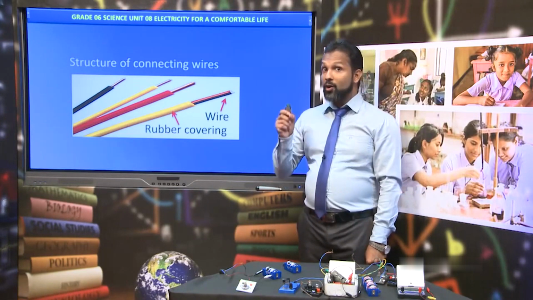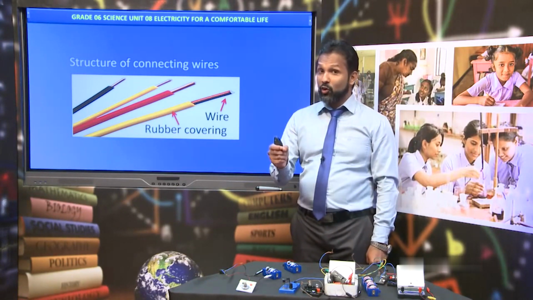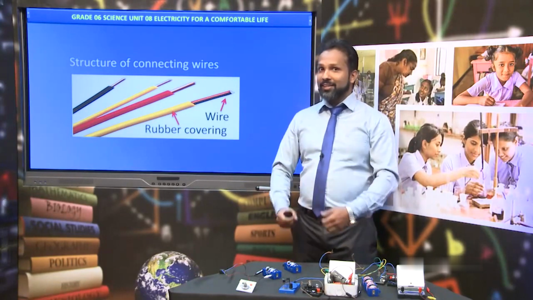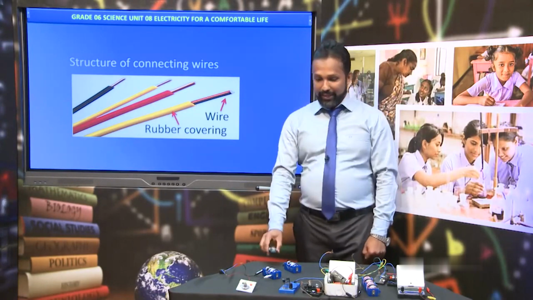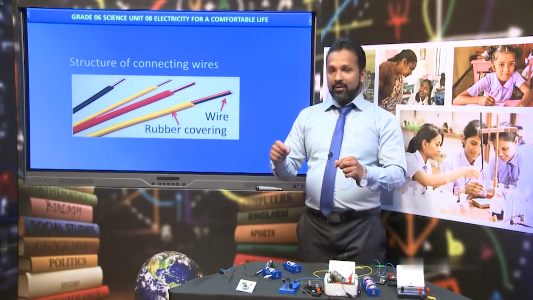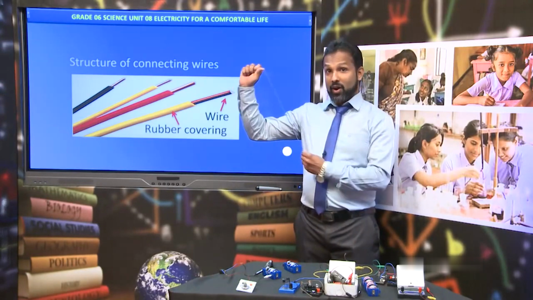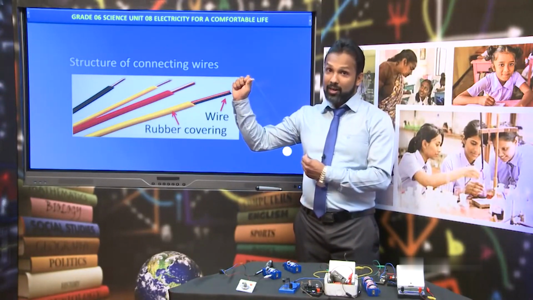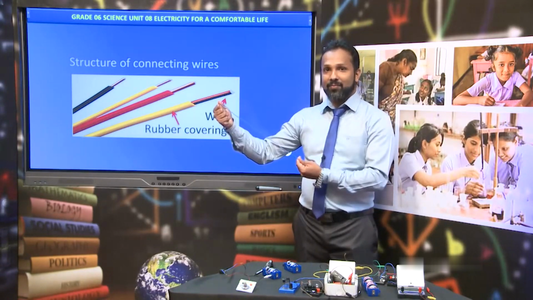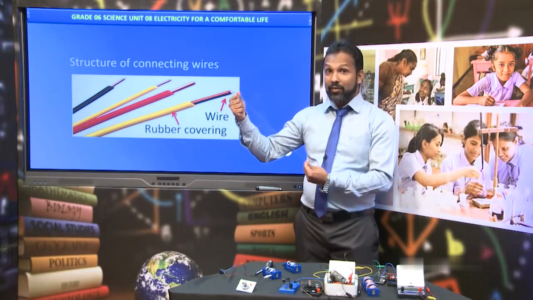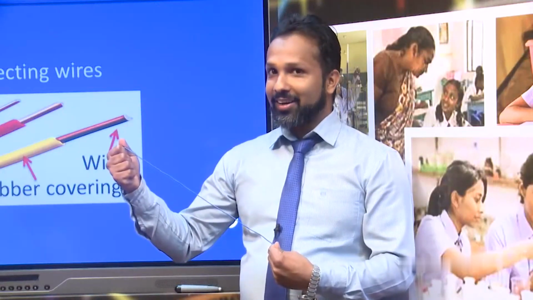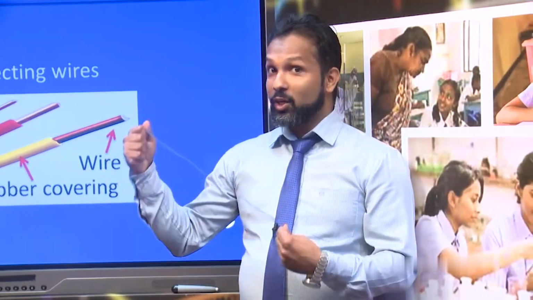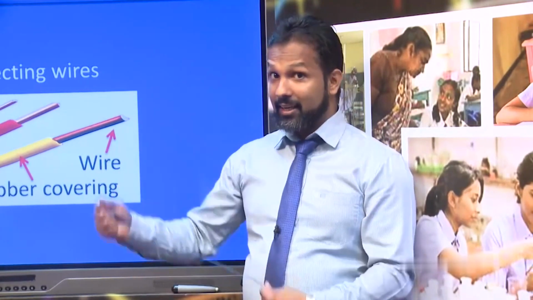Then we have to focus our attention on the structure of the connecting wire. You might have seen, we can see only the external part of the connecting wire. It may be blue, black, yellow, or another color. But when we draw our attention to the structure of the connecting wire, my dear children, you can understand it very clearly.